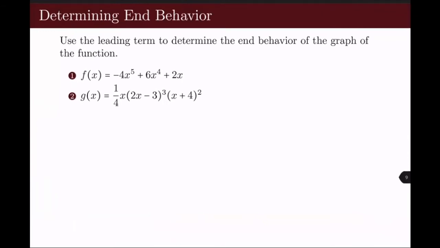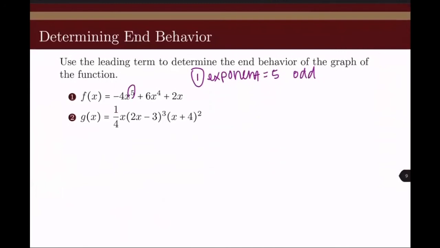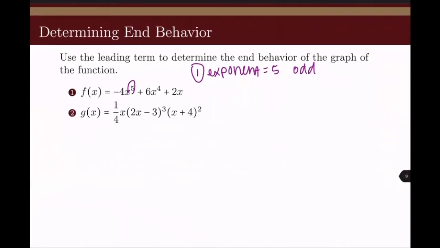Let's go ahead and go through some examples on determining end behavior, and hopefully that table will make more sense. So we're going to use the leading term to determine the end behavior of the graph of the function. So for the first one, my leading exponent, or my largest exponent, is 5, which is odd. So that means I'm either going to choose from this one here or this one here. Next, I look at my coefficient. My coefficient is a -4.